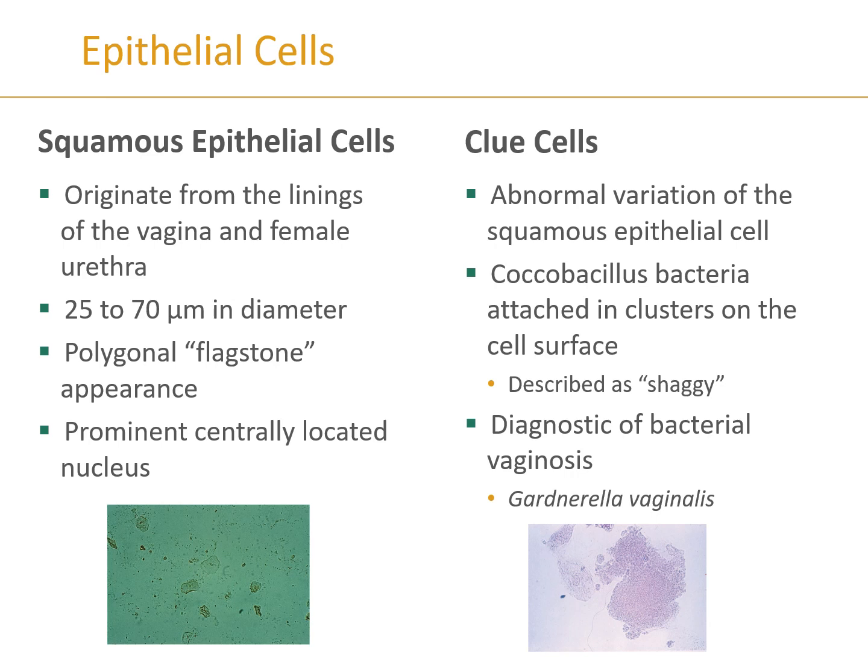Our squamous epithelial cells are about 25 to 70 micrometers in diameter, and they have that flagstone polygon type shape to them, or most of us refer to it as like a fried egg type look, where in the center you've got that prominent nucleus, and then the cytoplasm on the outside of that cell gives you that yolk with the fried egg white appearance to it.